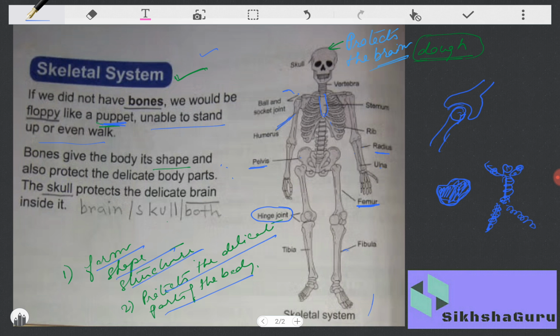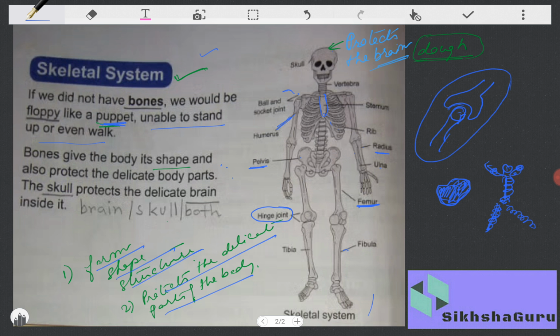These are the different bones. The skull protects the brain. This is the joint we can see, the ball and socket joint. This is the sternum, where the ribs are joined in the front of the body. Some ribs are hanging behind.